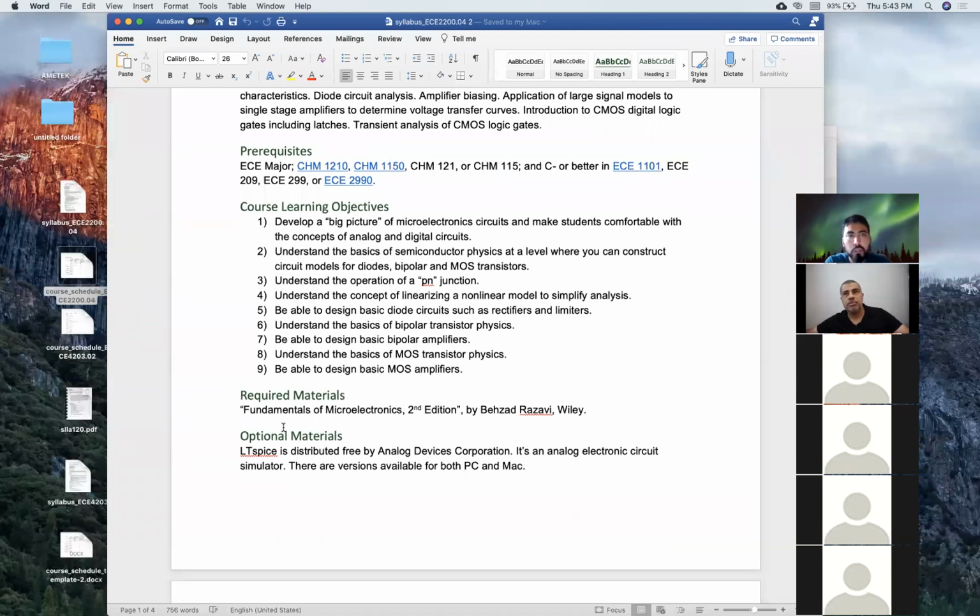And then we'll talk about the concept of what we call the small signal model. That's another concept that I didn't really understand too well when I was an undergrad. The idea is that nonlinear devices, like a diode, have an exponential characteristic between voltage and current.